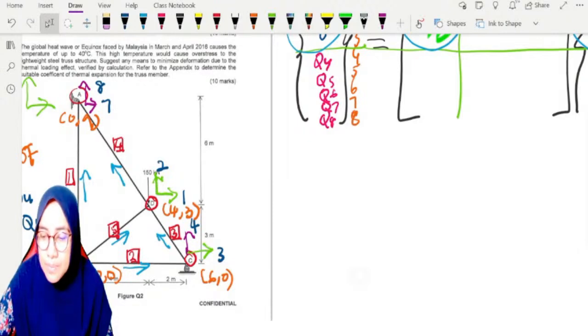We will start with element number 1. We have element number 1, element number 2, element number 3, element number 4, element number 5.